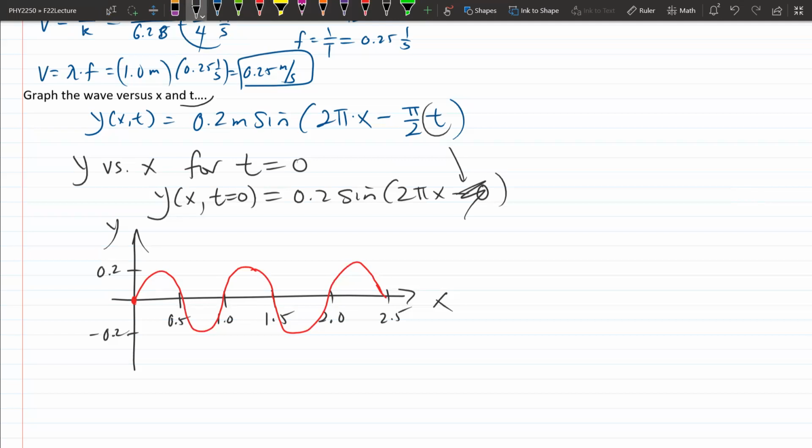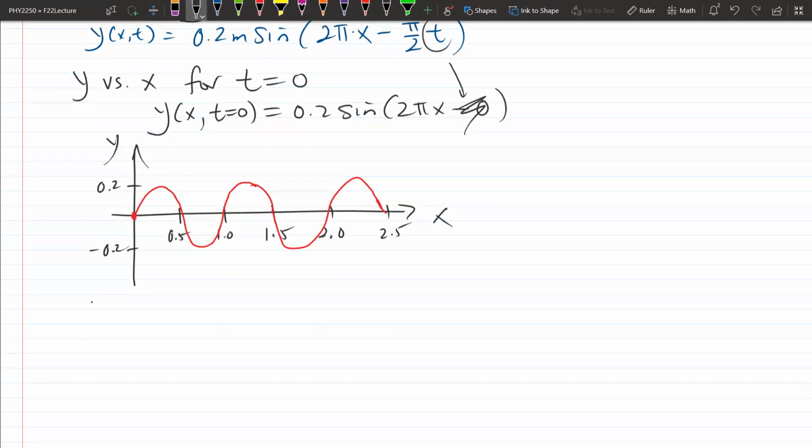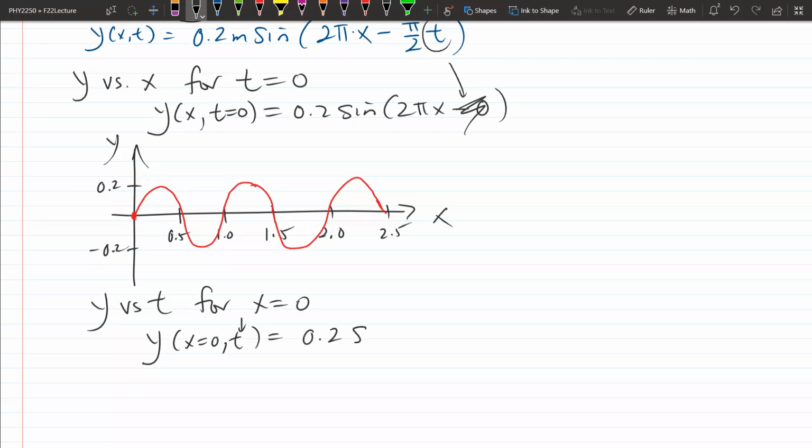The other thing it asks you to do is plot y versus time instead. That means we're going to set x equal to 0. This equation is going to be y for x equal to 0 versus time. So that's the variable we're going to be plotting against. It's still 0.2 as amplitude.